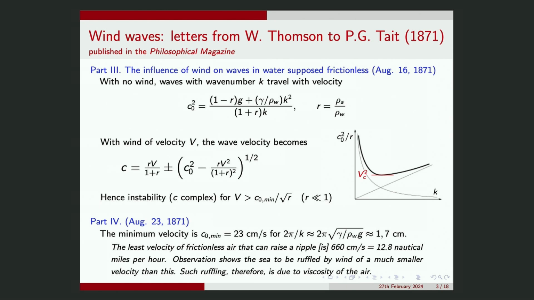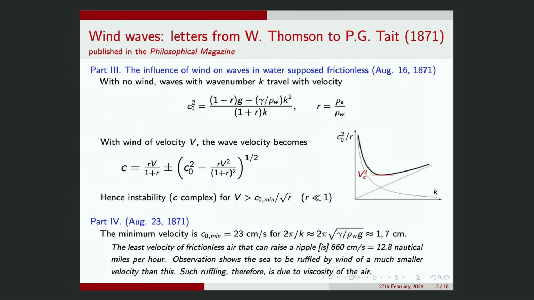In this part, Thomson, the future Lord Kelvin, calculates the wave velocity at the interface of water and air governed by inertia and with the stabilizing effect of gravity and surface tension. So there is a clear calculation, a linear stability analysis, which is very close to what we do today.